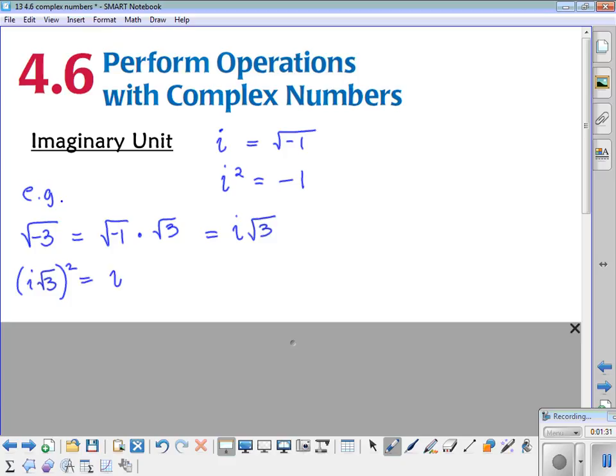That means I've got i squared times 3, which is -1 times 3, and so that equals -3. So any questions so far? Basically, i is always the square root of -1, and i squared is always -1. Okay? All right, so let's use it in some problems and see what happens.